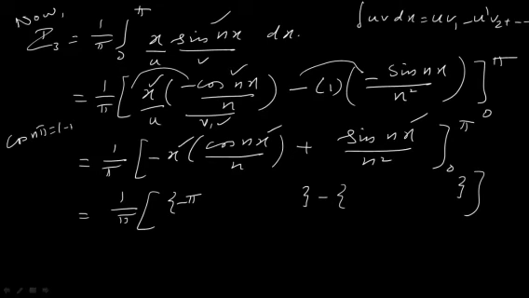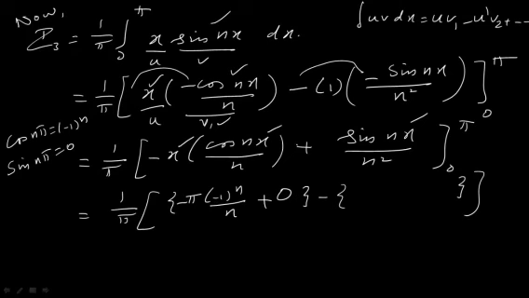Cos n pi, that is minus 1 whole power n, right? So minus pi of minus 1 whole power n divided by n plus, if you replace this x by pi, what happens? Sin n pi. What is the value of sin n pi? 0. So the entire term becomes 0.